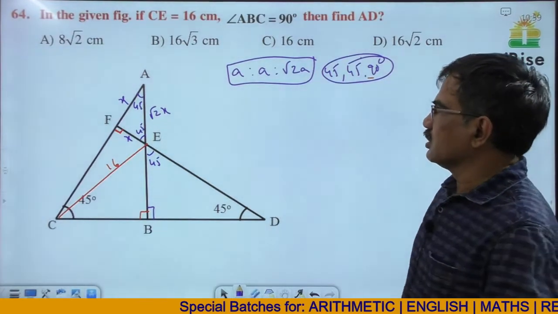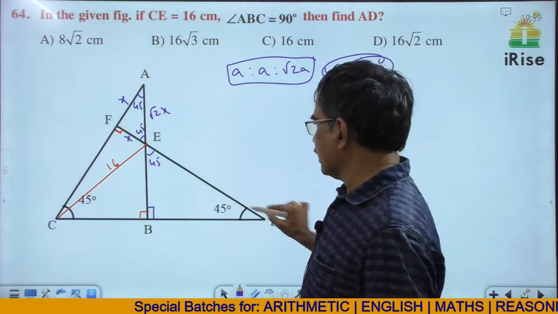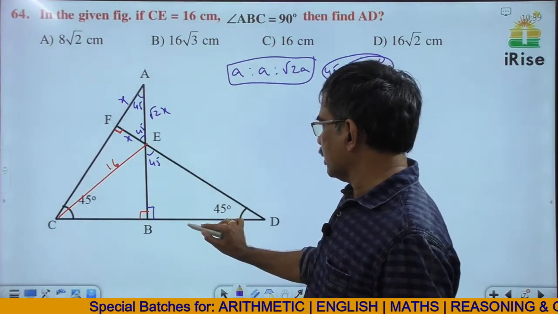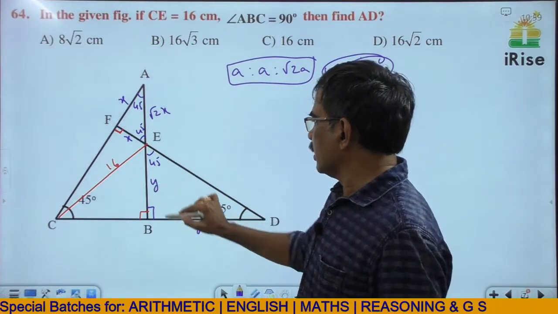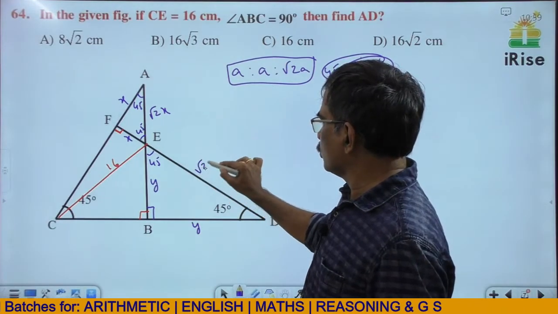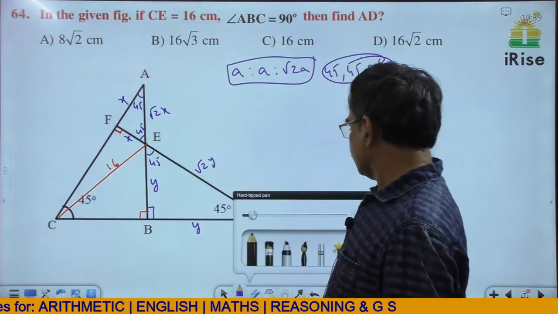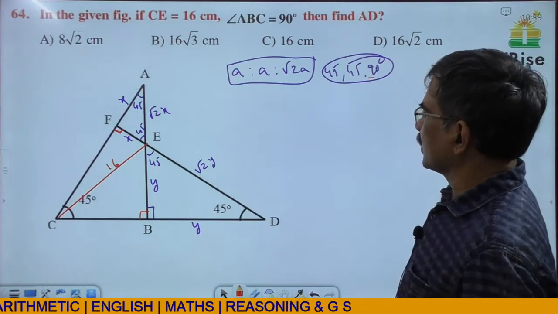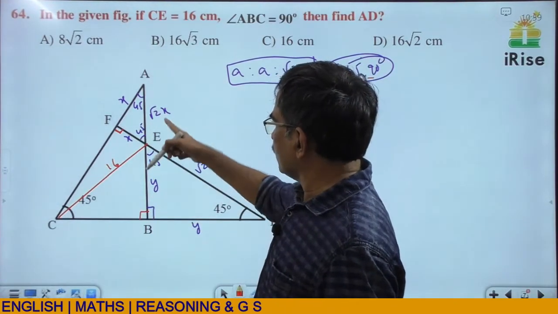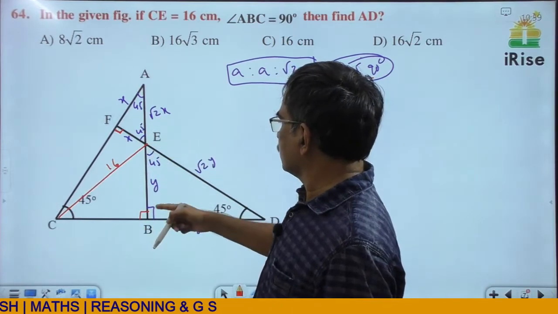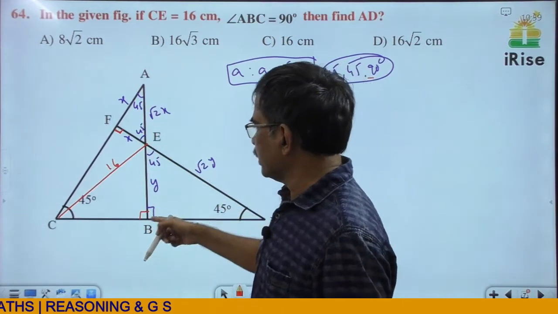Okay, so this is x. Similarly, in this right angle isosceles triangle, I want to consider this as y. This is also y. This is √2y. And this is a big right angle triangle. If this is √2x, this is y, the total side is equal to this one.